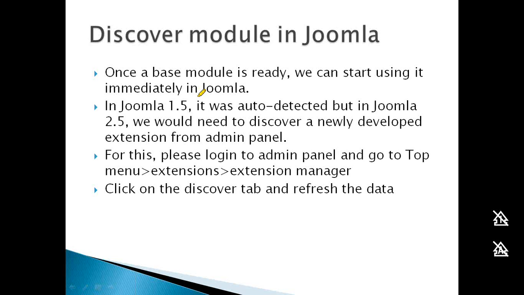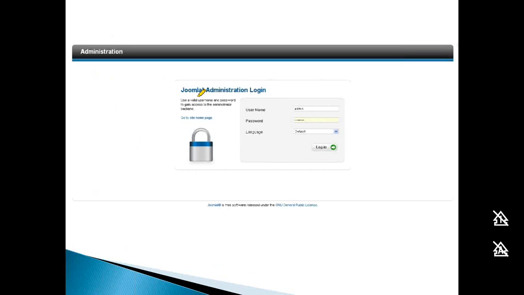In Joomla 1.5, whenever you start creating a module in the directory, it is auto-detected and you can start using it immediately. But for 2.5, you would need to discover a new module or any extension explicitly from the admin panel. So let's see how it is done, because it is one of the commonly asked questions which I have noticed.